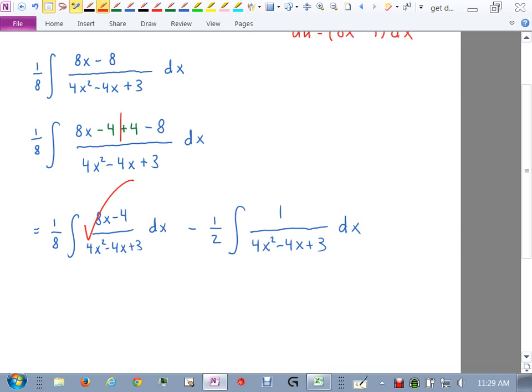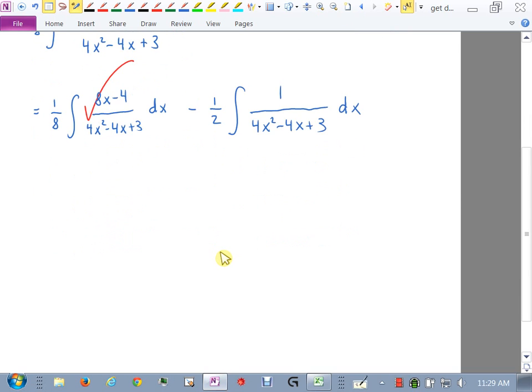But now I need to come over here and complete the square on this. To complete the square, you must have a 1 on your x squared term. So I'm going to pull this 4 out. That means I'm going to pull it out here, which means I'm going to pull it out of the integral. You okay with that? Okay. And this right here, check, check, check.